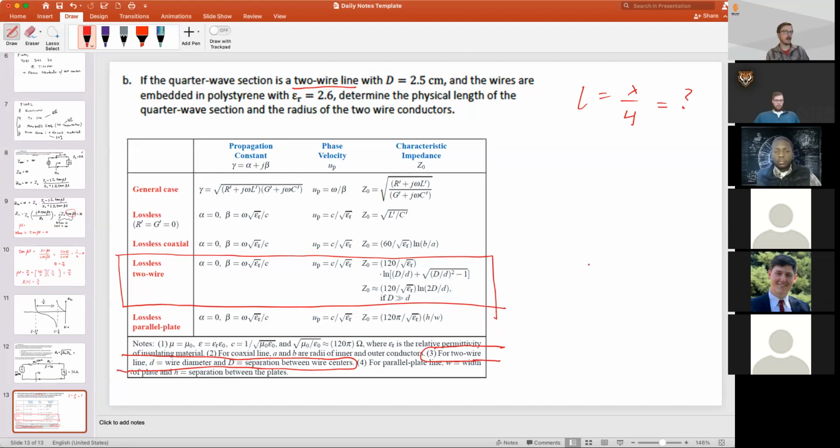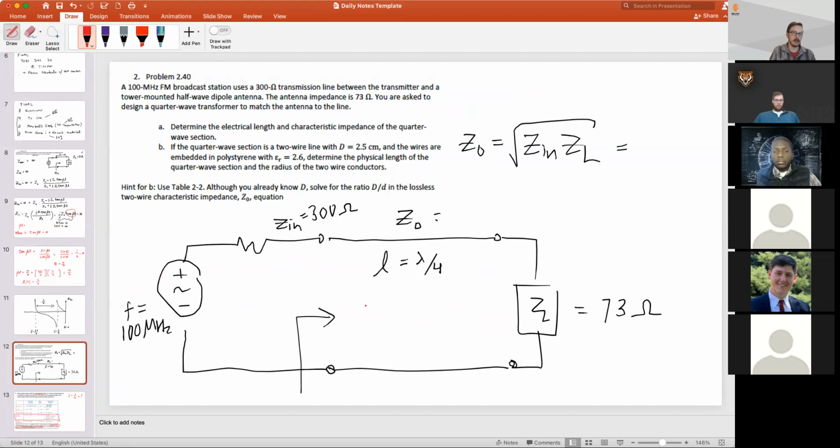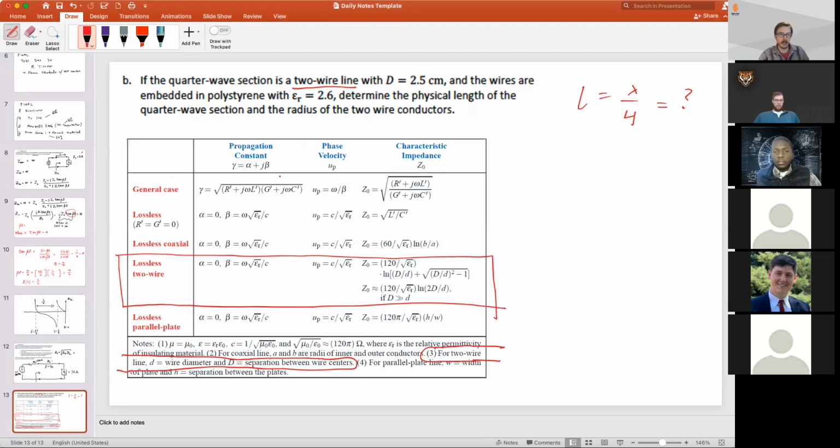The 2-wire means that this transmission line really is built like this: there are 2 different wires that are separated from each other. The other types of transmission lines that we have seen are the lossless coaxial and the lossless parallel plate. These are just 2 other structures that can guide waves on them. So same with this lossless 2-wire.